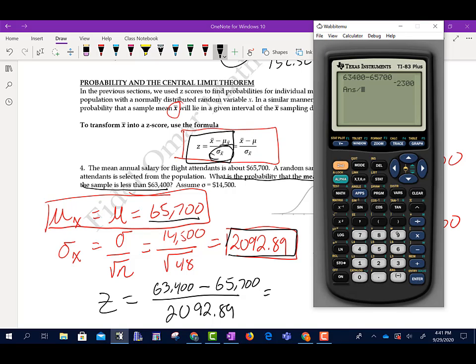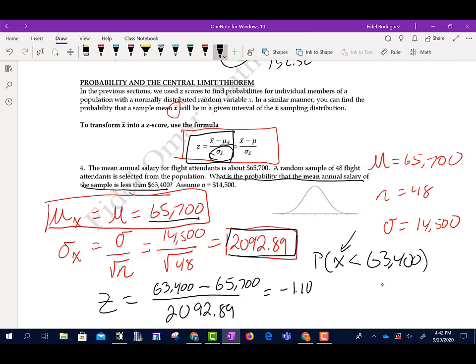Now I'm going to divide that by 2,092.89, and if I round to 2 decimal places, I'm coming up with negative 1.10. So now I'm trying to figure out what's the probability that z is going to be smaller than negative 1.10.